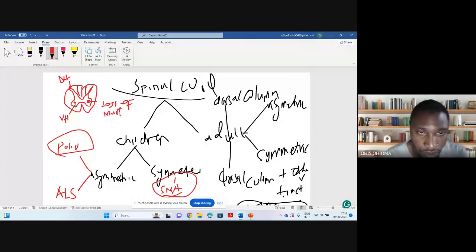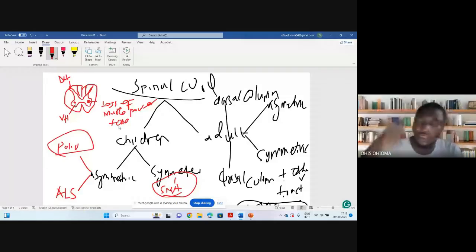power, tone. And this leads to that, because this horn is basically responsible for the reflex arc and also helping to maintain tone, right? And tone is what allows your muscle to maintain its particular shape.